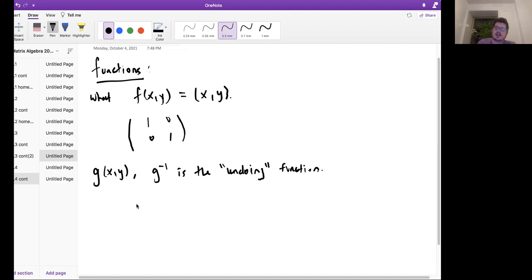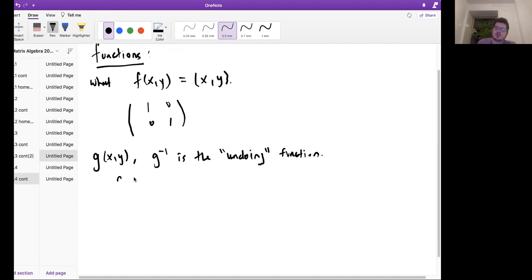So g composed with g inverse is equal to this identity. Both ways.